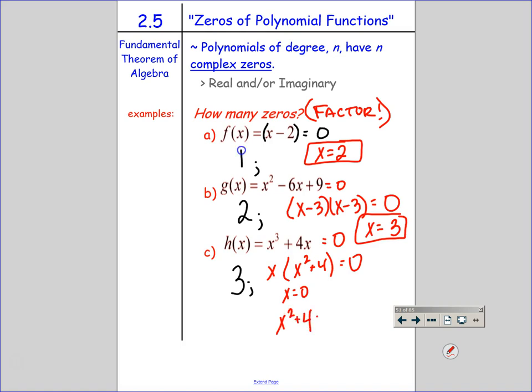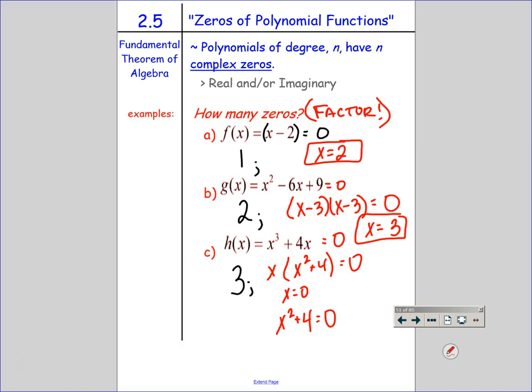Sorry, wrong. It's a plus, not a minus, so it's not a difference of squares. When we solve, it's going to be negative 4. Can I square root a negative 4? No. But what homework did we just do? Imaginary numbers. So I can square root a negative 4, I just won't get a real number.